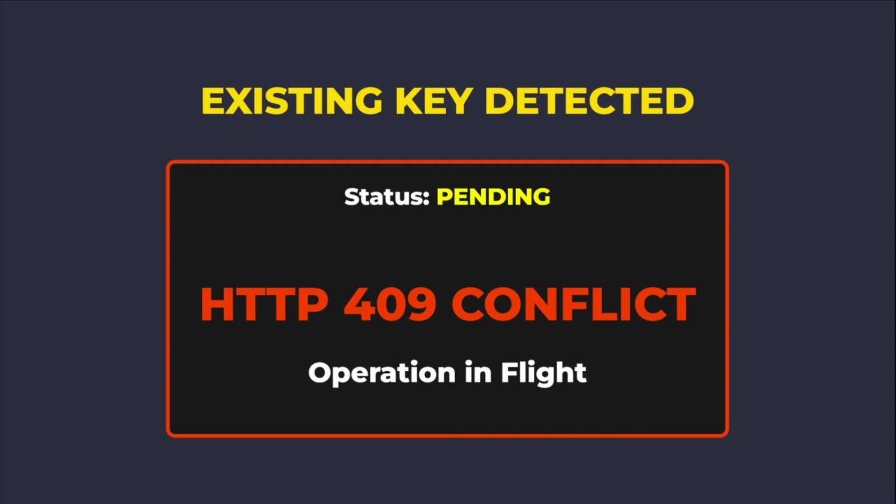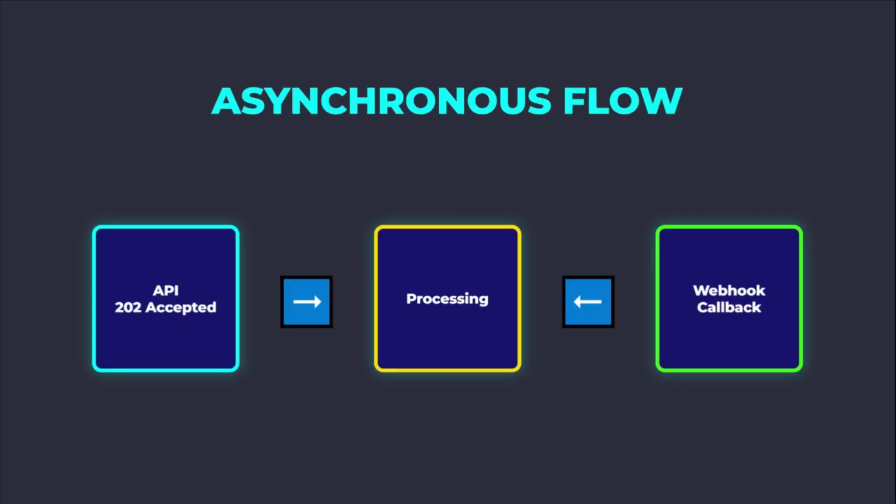If the status is pending, it indicates that the original request is still being processed. The server should return a 409 conflict status code, informing the client that the operation is currently in flight. Alternatively, the server can implement a short, bounded wait loop, polling the status, before returning the 409, allowing the client to potentially receive the final result if the original request finishes quickly.